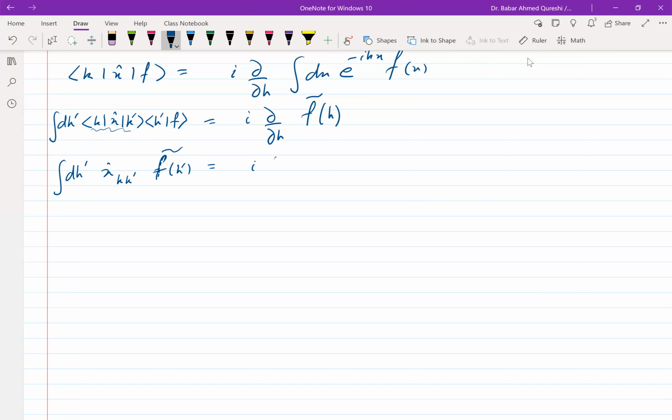So how can I get the right-hand side? What should I choose for these guys? Well, it's obvious. I have to choose delta by delta k dash. This integral will give me the right-hand side.